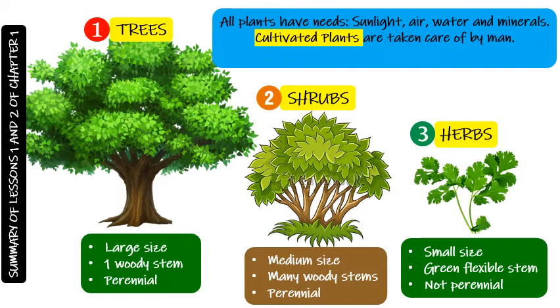So cultivated plants need our help. They get their needs with the help of people. While wild plants grow in the wild without man's care, they get all of their needs from their environment.